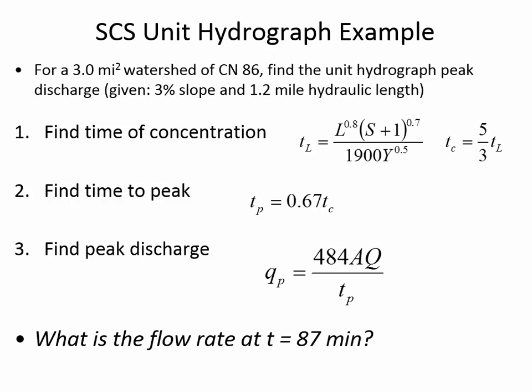In step 3, we're calculating Q sub P, and it's 484 times area times Q over T sub P. The area here is 3 square miles. And then the Q that we're putting in, we're assuming 1 inch of rainfall excess.